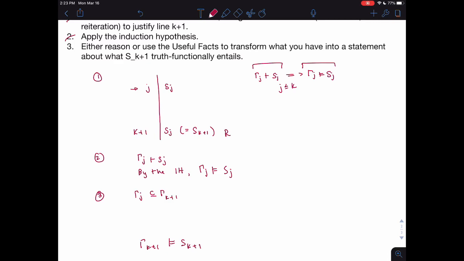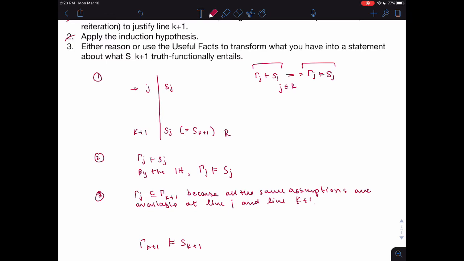Actually, they're exactly the same set, so it's trivial that gamma j is a subset of gamma k plus 1, because all the same assumptions are available at line j and line k plus 1.